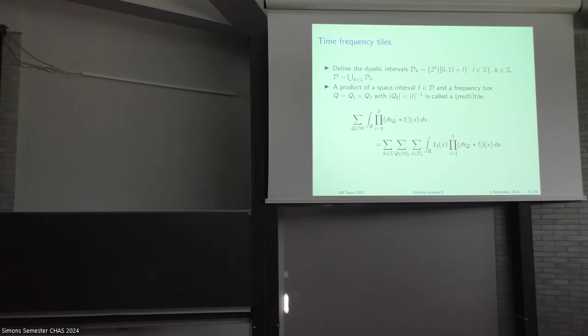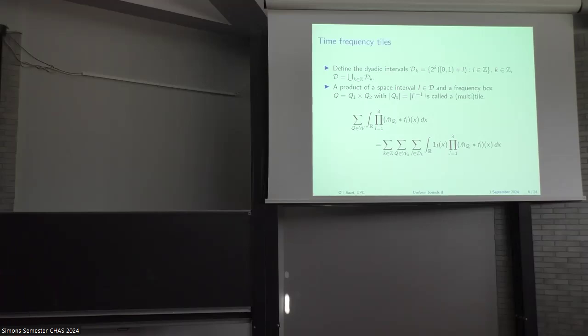And the family of all dyadic intervals is p without subscript. And now the product of a space interval and a frequency box, so that the side length of the frequency box is reciprocal of the side length of the space interval, is called the multiplier or pi.